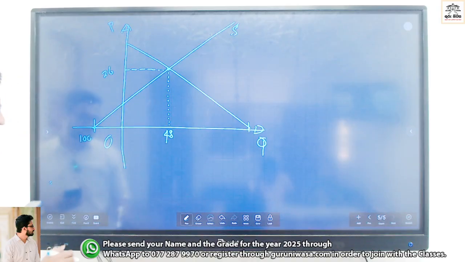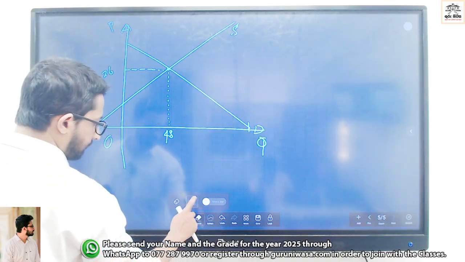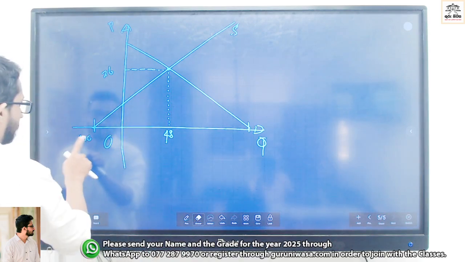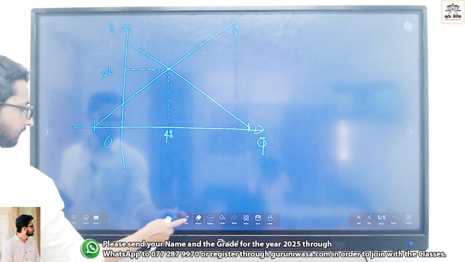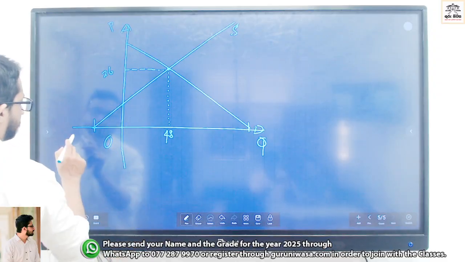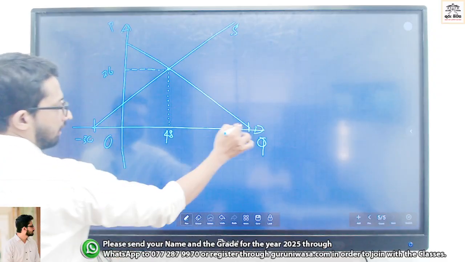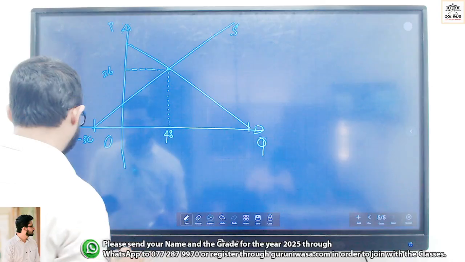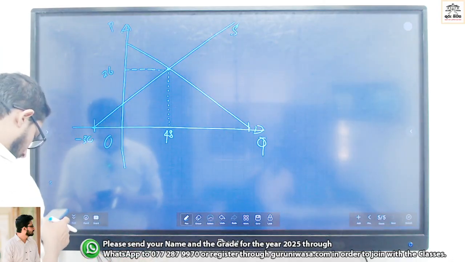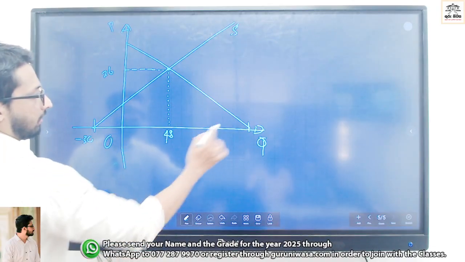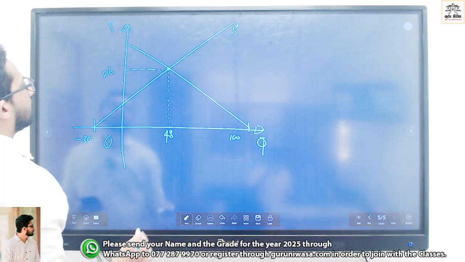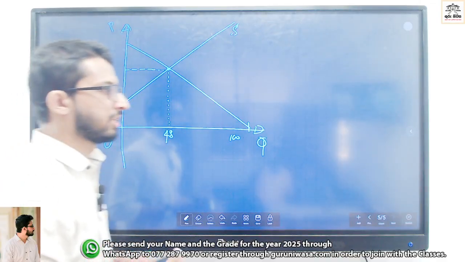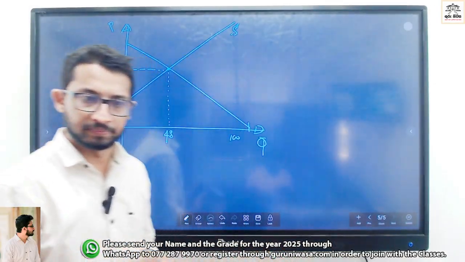Sorry, minus 30. The intercept is minus 30. Here, 100. These are the information given, not more than that.